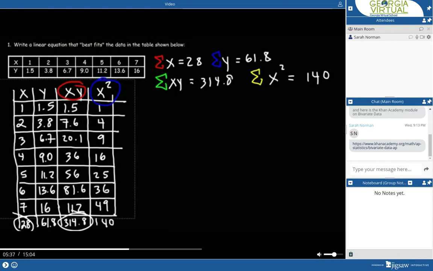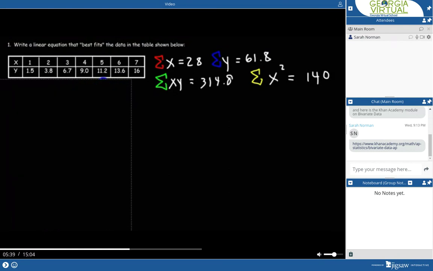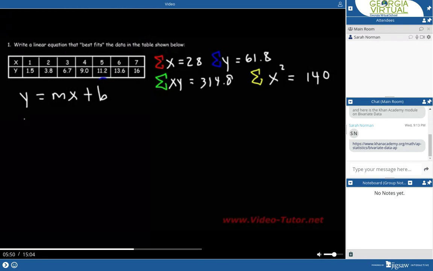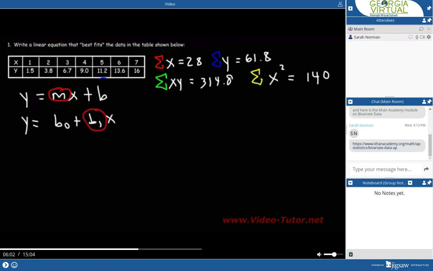So now that we wrote that, let's get rid of this. The linear equation will be in this format: y is equal to mx plus b. In statistics, you might see an equation like this: y is equal to b0 plus b1x. What you need to know is that the slope, the number in front of x, is m or b1. They're the same.